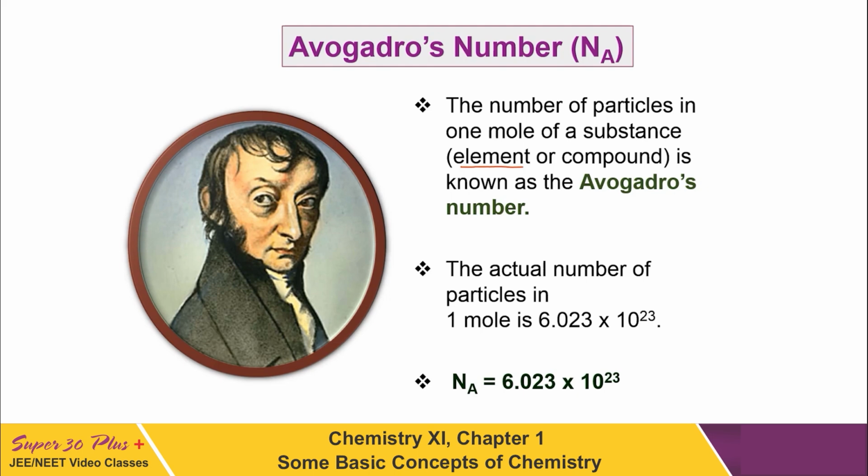If it is a compound, no problem, 1 mole means that many particles of the compound. So the actual number of particles in 1 mole is 6.023 into 10 raised to power 23. This is called Na, the number of Avogadro, given by the scientist Avogadro.